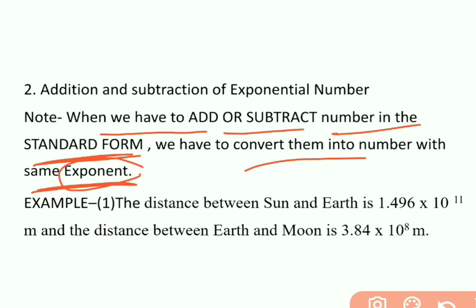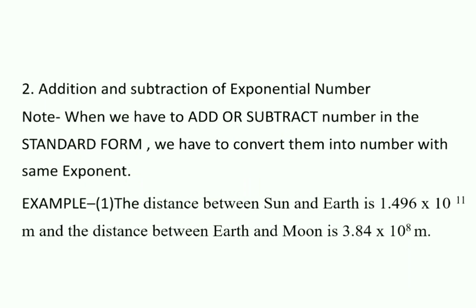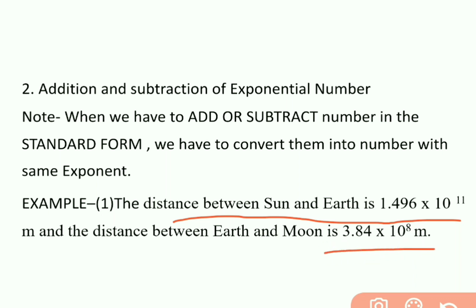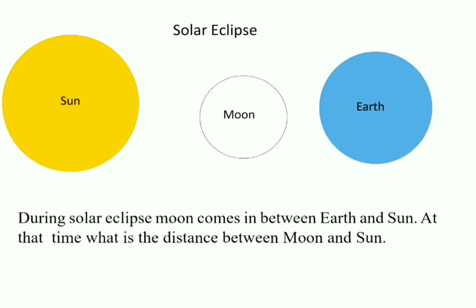I will explain this with the help of an example written on the screen. The distance between Sun and Earth is 1.496 into 10 raised to the power 11 meter, and the distance between Earth and Moon is 3.84 into 10 raised to the power 8 meter. Students, the question is that we have to find the distance between Moon and Sun during solar eclipse.